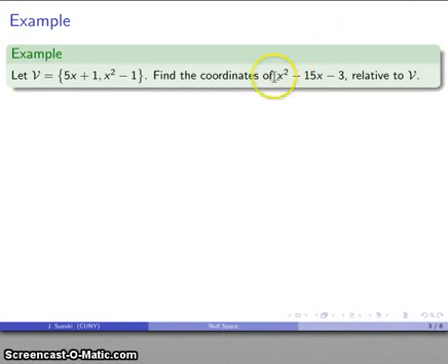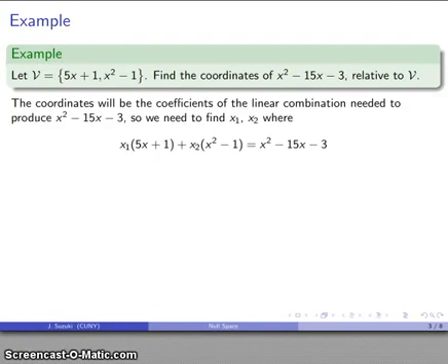Now, here I actually want to find the coordinates of something relative to my vectors that span the vector space. That means I'm looking for the coefficients of the linear combination I need to produce this thing. So I have some linear combination, with x1, x2 being real numbers, that is going to produce x squared minus 15x minus 3.